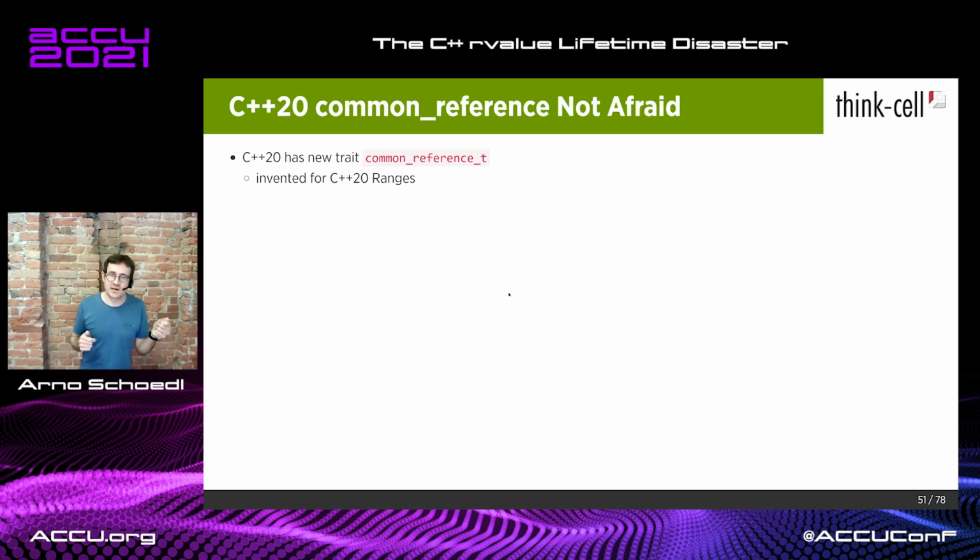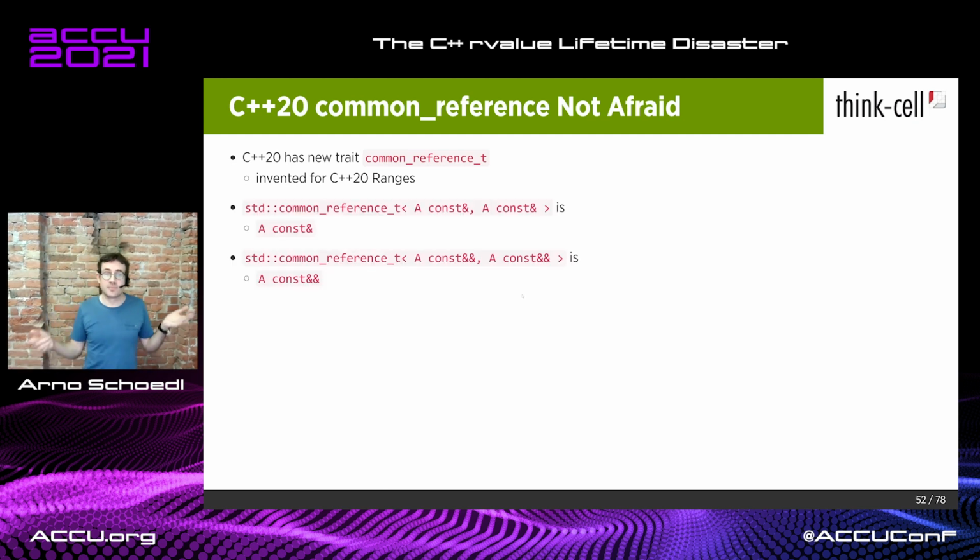One iterator comes out of one range, and the other iterator comes out of the other range. And they both return a reference. And now you want to have the common reference of these two. And this is exactly what this trait is being used for. So again, let's say both iterators return a constant lvalue reference. We get a constant lvalue reference. Likewise, with two rvalue references, we get an lvalue reference.